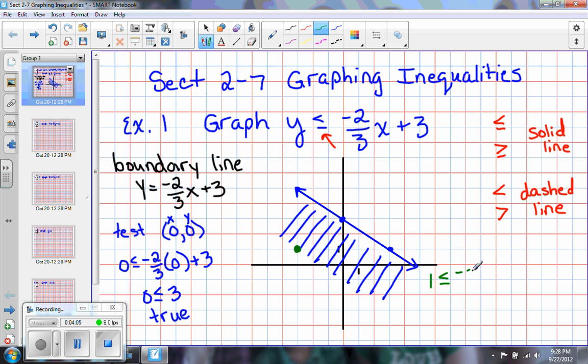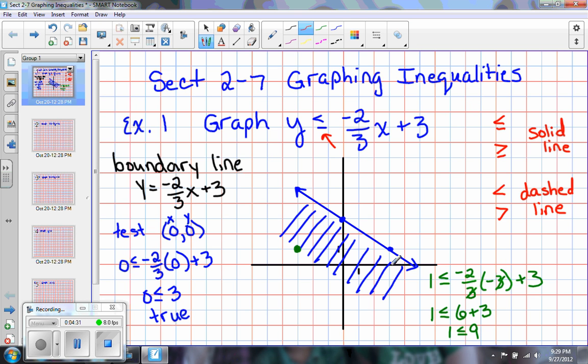So I had negative 2/3 times a negative 3 plus 3. So I'm just substituting the values. These will cancel, which is why I picked negative 3. So we get 1 is less than or equal to 6 plus 3, or 1 is less than or equal to 9. And that's a true statement. Anything in this region will be true. On the other side, however, anything on this side will be false.